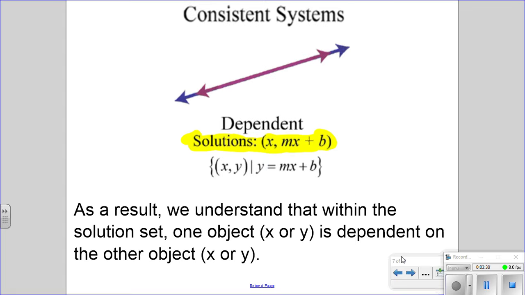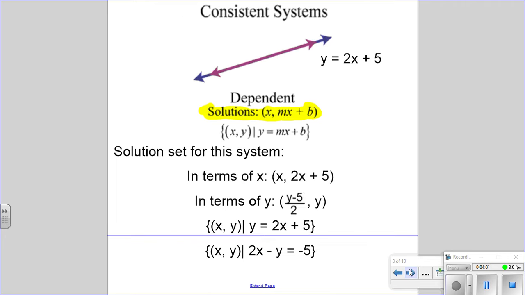And so that's where we get this verbiage of a dependent solution. One solution is dependent on the other. And you can see this right here where we have the ordered pair written, but it's not written with numbers, right? It's written with algebra. And so we end up seeing we would define this as a dependent system.